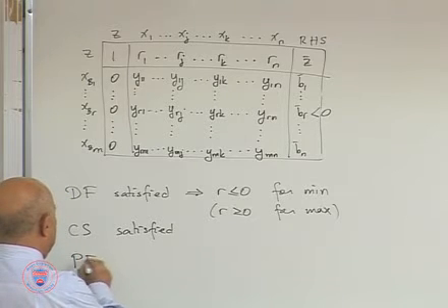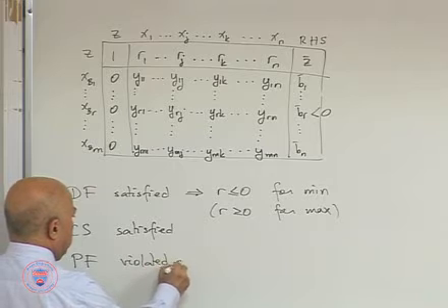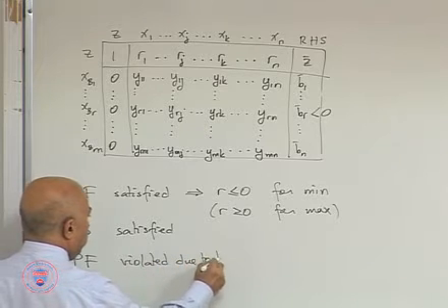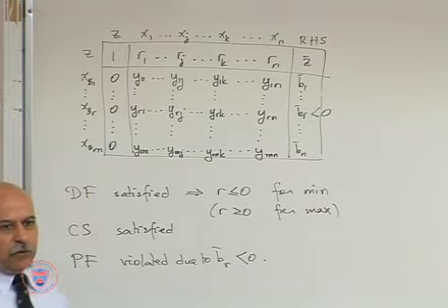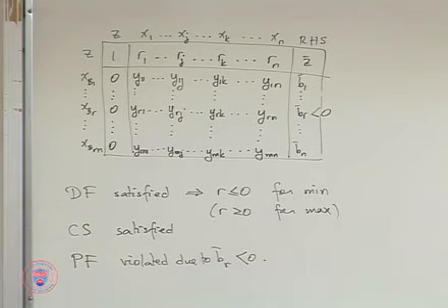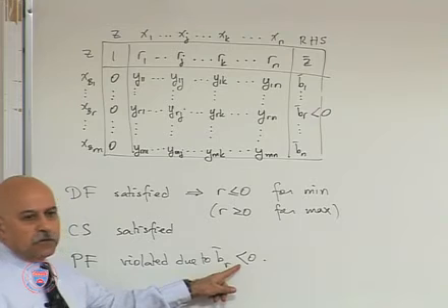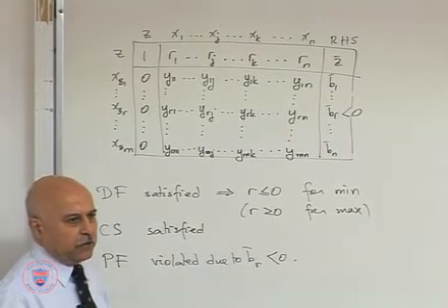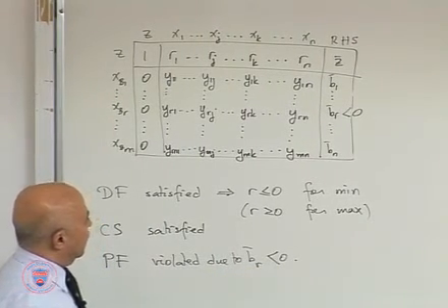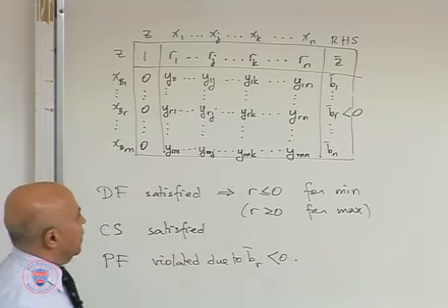Primal feasibility is violated due to BR being less than 0. There could be more than one violation. So what you want to do is remove such violations, and eventually get to a basis where all of them are satisfied.